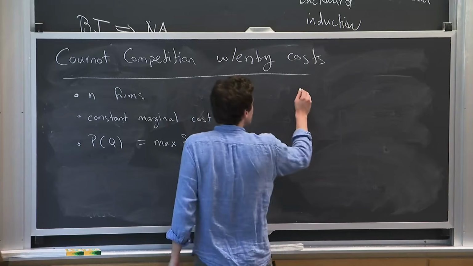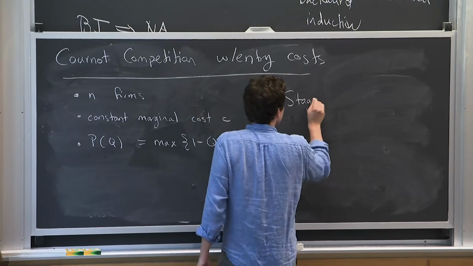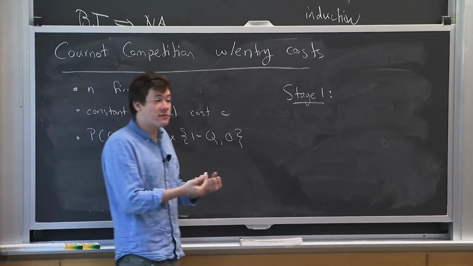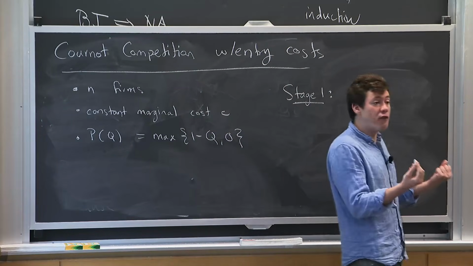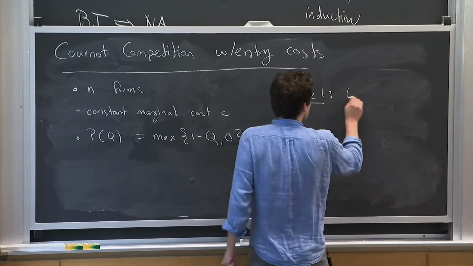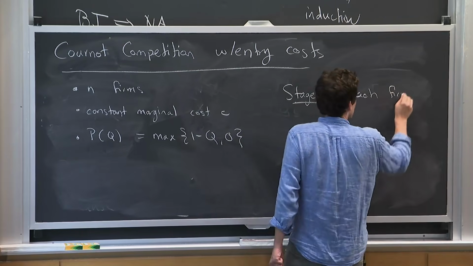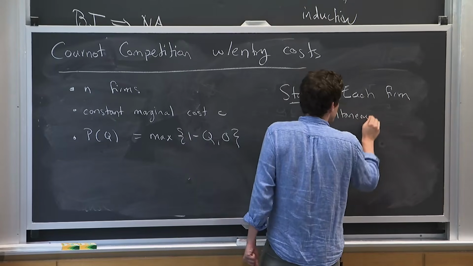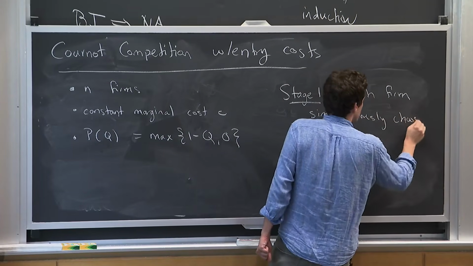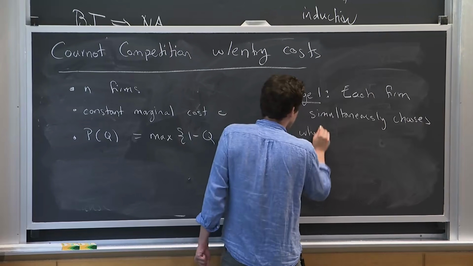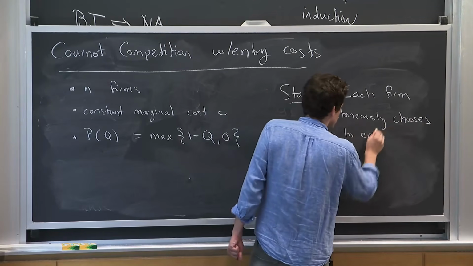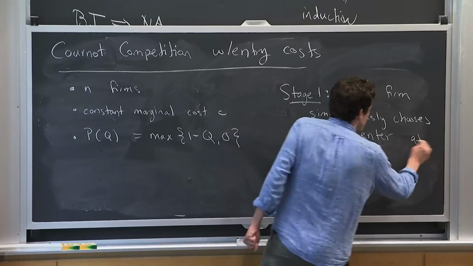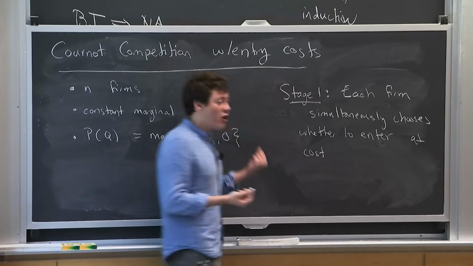So this game is going to proceed in 2 stages. In stage 1, each firm simultaneously chooses whether to enter the market. In other words, pay the upfront cost to be a player in the market. So each firm simultaneously chooses whether to enter. And entering has a cost. I'll say at cost, well, we'd like to say C, but we already have C here, right?